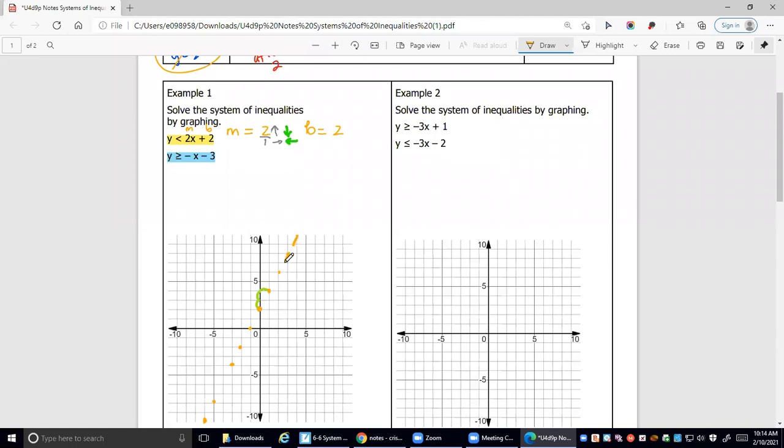And while I'm drawing this line, I want you to tell me, is it going to be shading up or is it going to be shading down? So make either a P or a D out of that inequality. Okay.